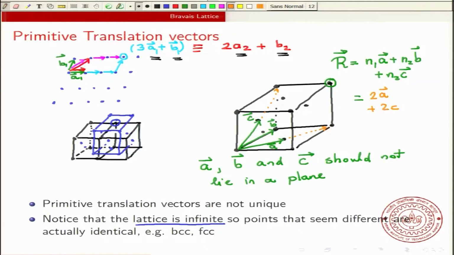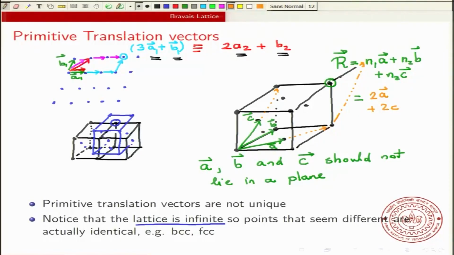Okay, and if I add these two, you will end up in the corner of the neighboring cell. So if I take 2A, I'll end up here. Now if I take 2C from here, C takes along this side face, so now this will be of the neighboring cell. So this is 2A plus 2C.